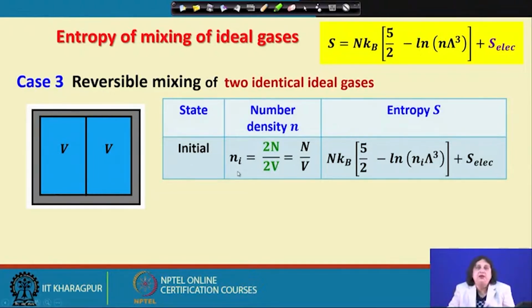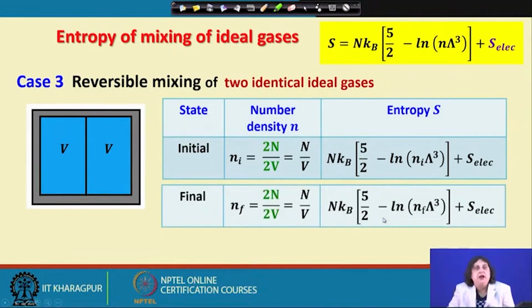Therefore, the initial number density is N by V, and accordingly the initial entropy of the system is given by this. Now, when I allow the reversible mixing under isothermal condition, what is the final density? The final number density once again is N by V, and therefore, the Sackur-Tetrode equation correctly predicts that delta S in such a case is going to be equal to 0.